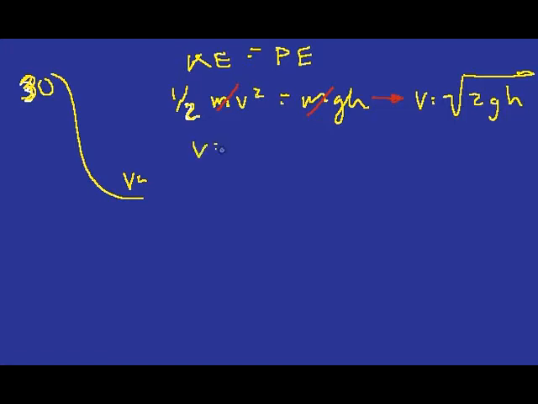So v equals the square root of 2 times 32.2 feet per second squared times h, which was 30 feet.